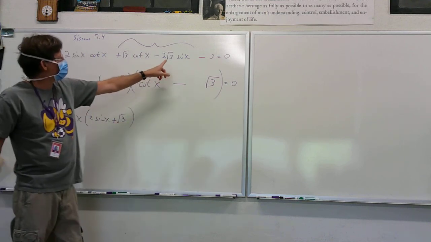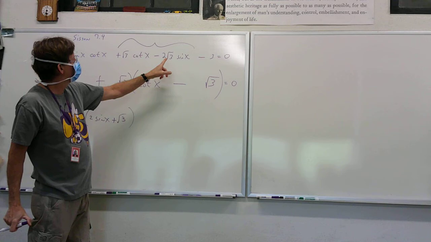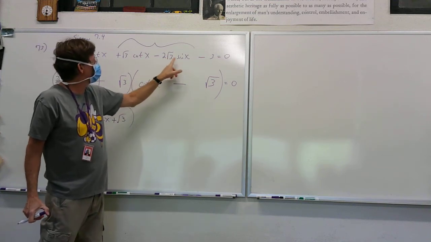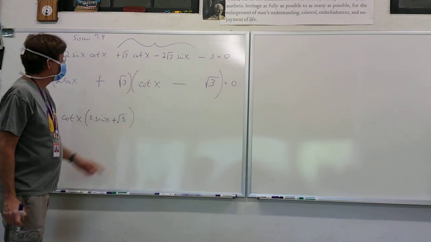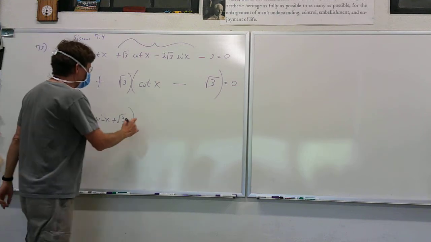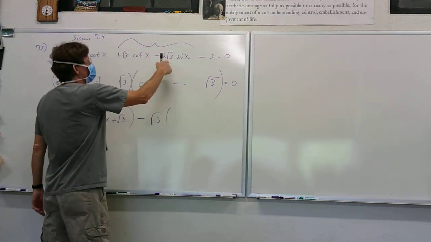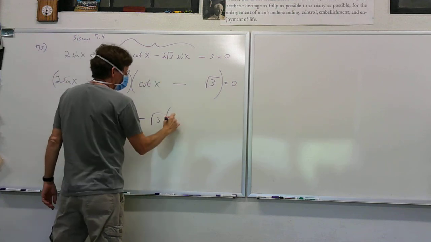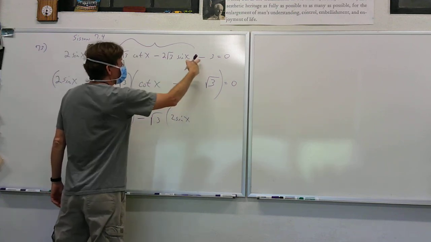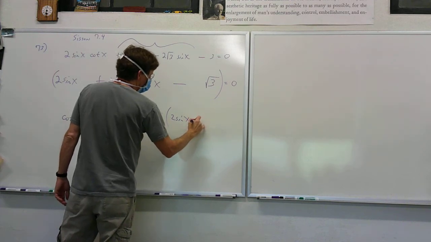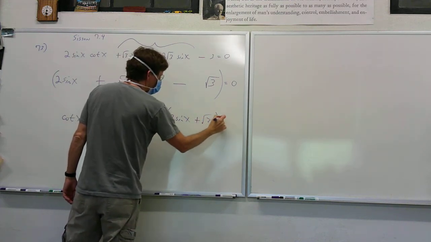And then I'm going to factor out a negative square root of 3 out of both of those. And that's going to leave 2 sine x, and I'm minus be a positive square root of 3.